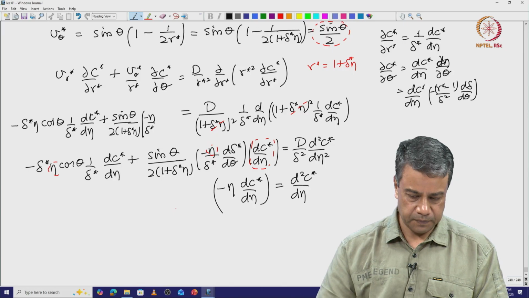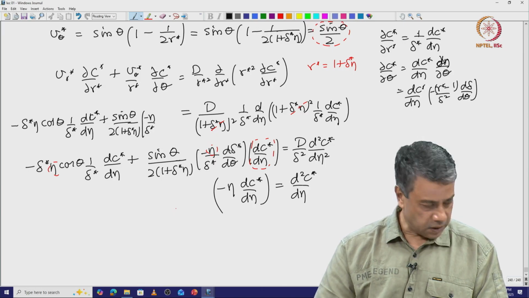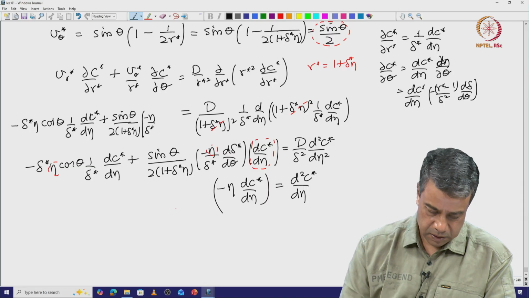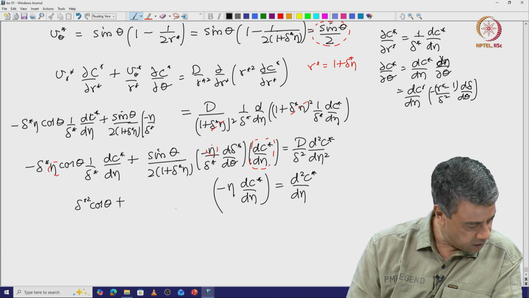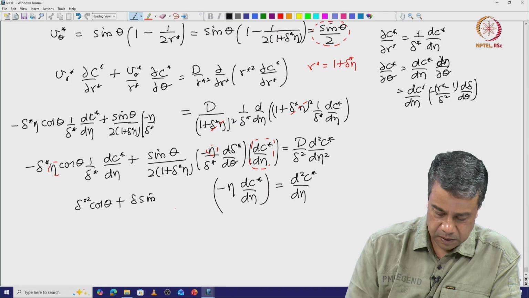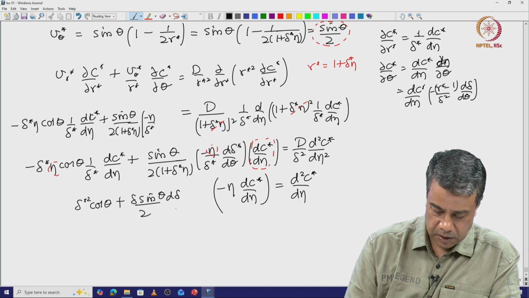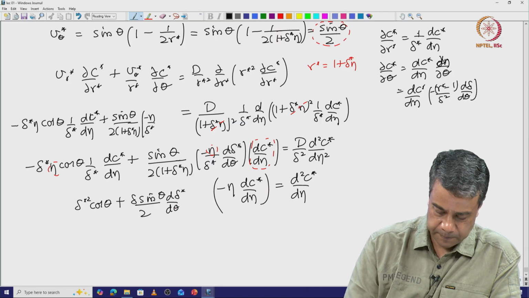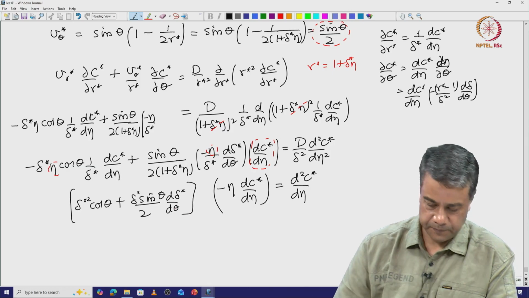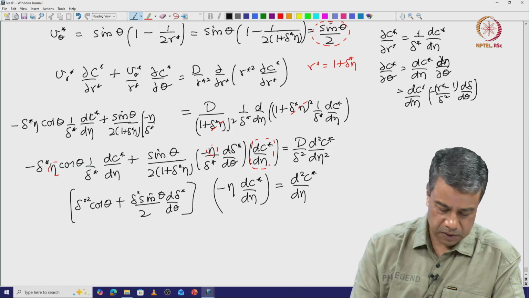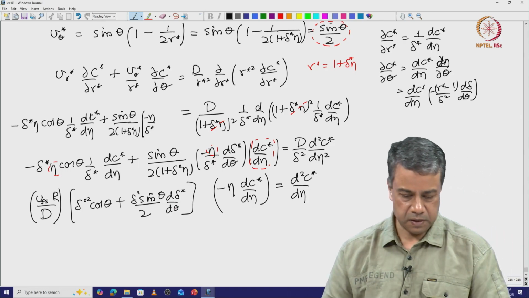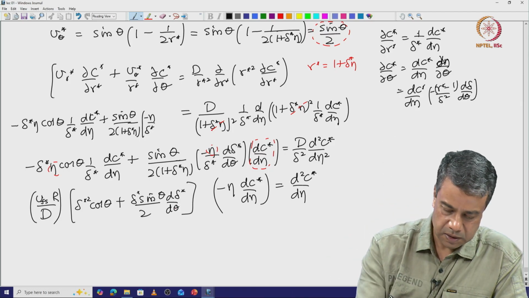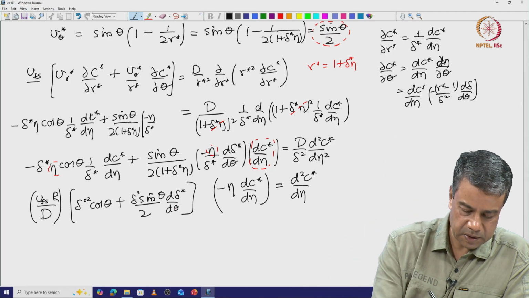On the left side, multiplying by delta square, I will get delta square cos theta plus delta sin theta by 2 d delta by d theta, into the VFS into r by d, because on the left side when I do the scaling, I will get a VFS by r.